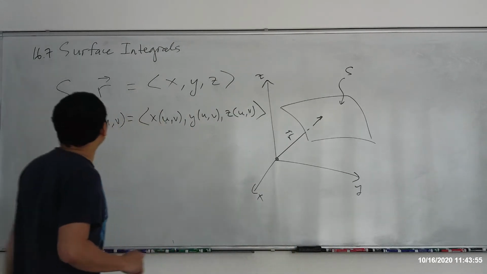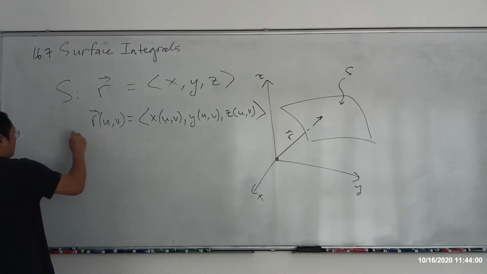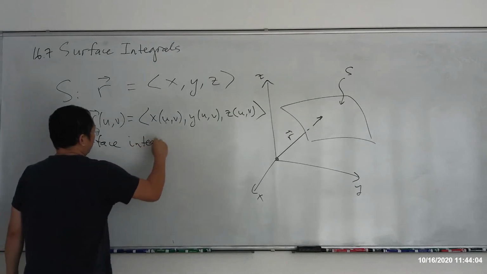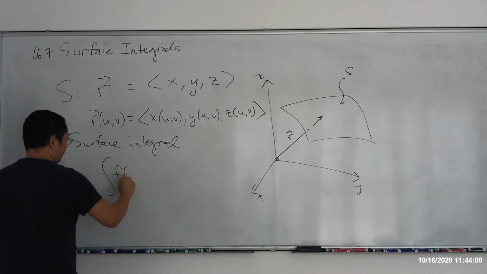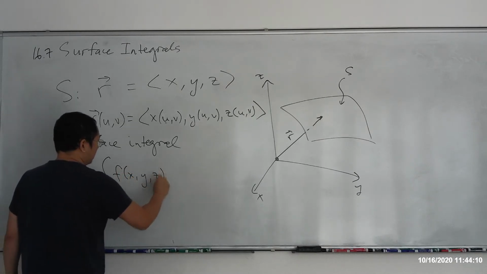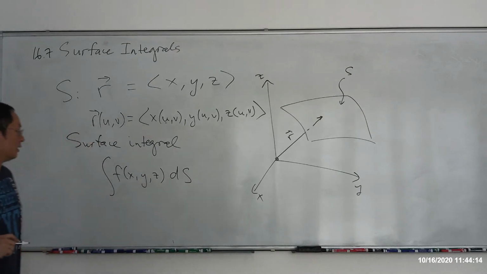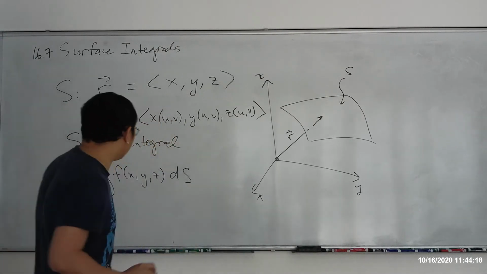So we define the surface integral like this. The surface integral of the function f of x, y, z, ds, over the surface S right here, is going to be this.